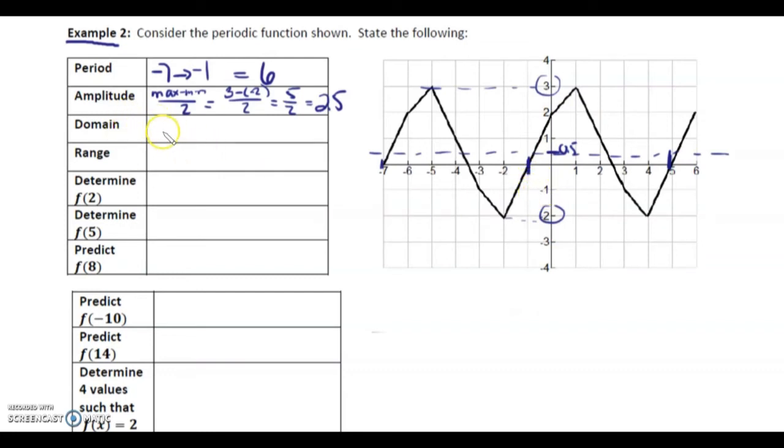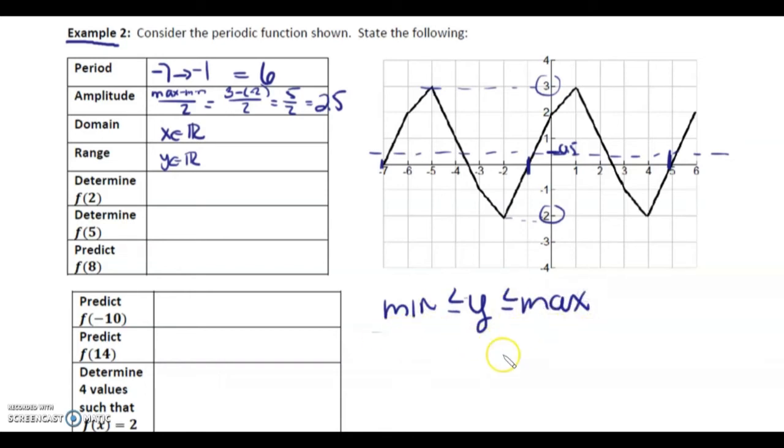Okay, domain is going to be x is an element of the real numbers, since every periodic function is going on forever, both to the left and the right. Okay, and the range is going to be min to max.